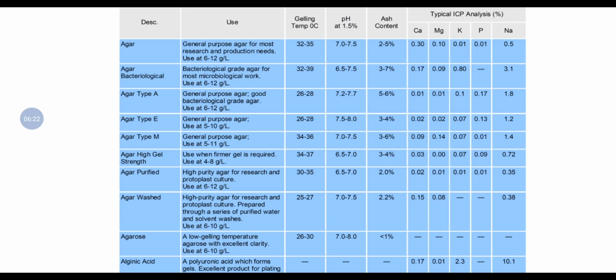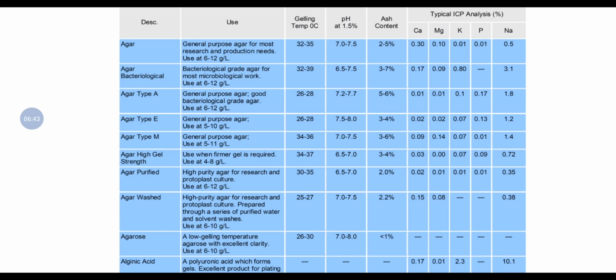Then others are like agar type M, then agar high gel strength. This is quite important. It is used when firmer gel is required. Here the gelling temperature is about 34 to 37, slightly more temperature, with 6.5 to 7 pH.